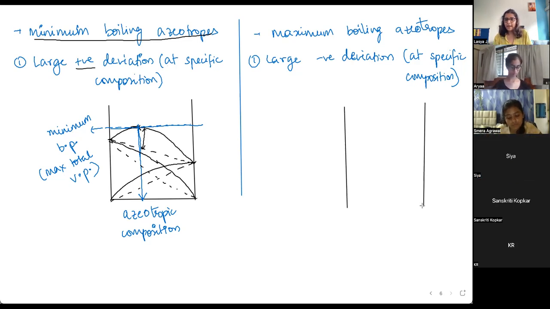Now maximum, like in the case of negative deviation, because the graph is going down, it will have a minimum vapor pressure. So that's why you get a maximum boiling azeotrope.